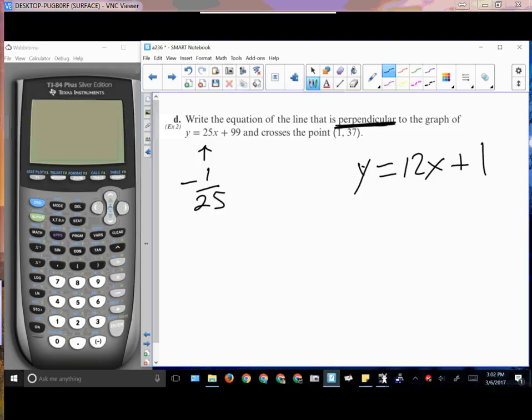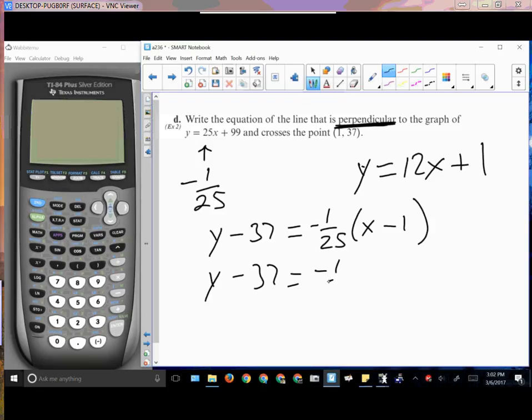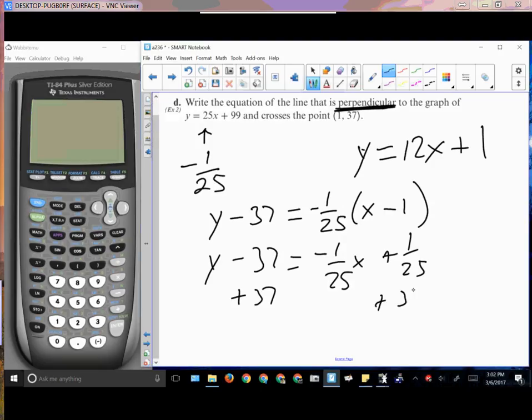Okay. So you went y minus 37. There, that'll do it. So y minus 37 is going to be equal to negative 1 over 25x plus 1 over 25. Add 37. Add 37.